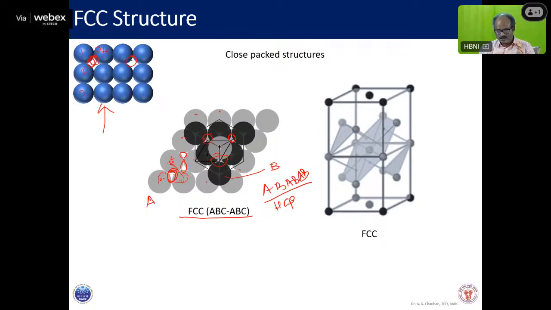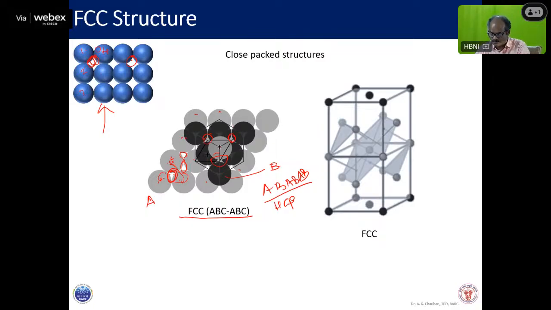Now, in the last slide, we saw that FCC structure is face-centered cubic. So there should be some cubic, but here if we talk in these layers, there is no cubic actually. We are not able to visualize any cube. So if you see here, actually it is a cube.